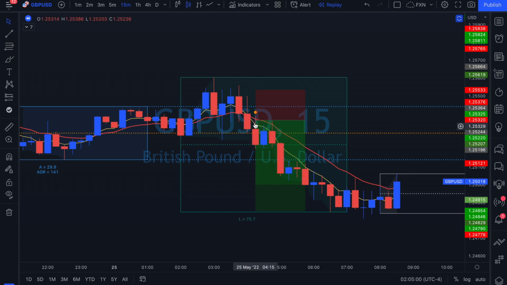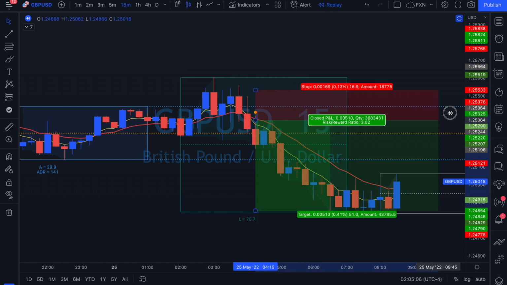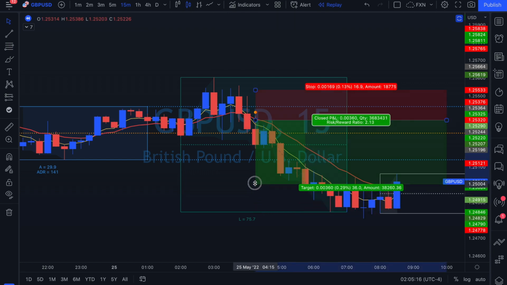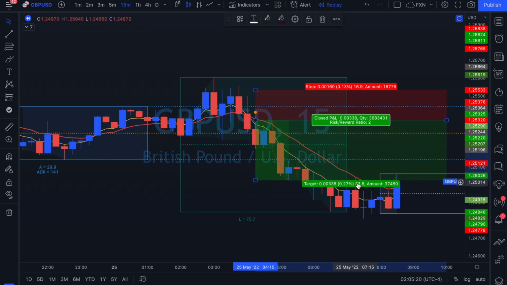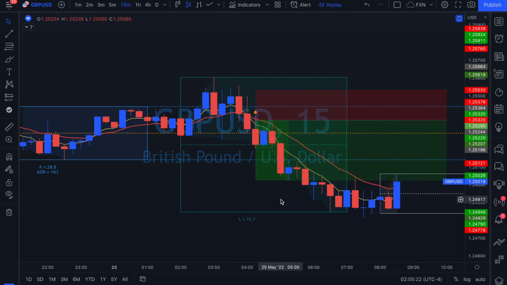You would get in on the pullback of this candle here, all right, and then go all the way down to, let's say, a 2-to-1 risk-to-reward ratio, which would be right here. So that would be about 33 pips or so.